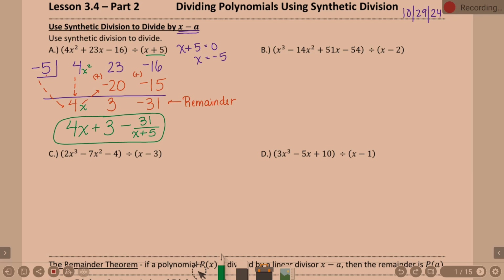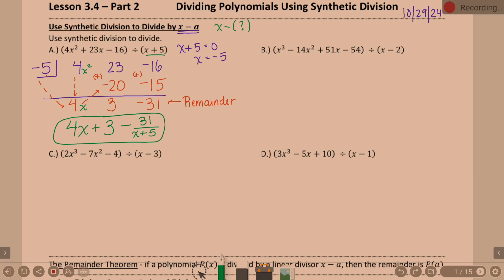Yes? So it says divide by x plus a, but this one it's x minus a. Is it just saying the number has to be negative? The form of this problem is minus, so it's always going to be x minus some value.